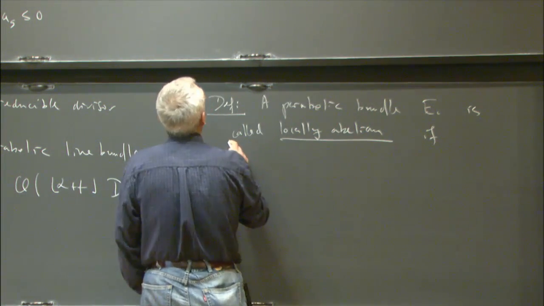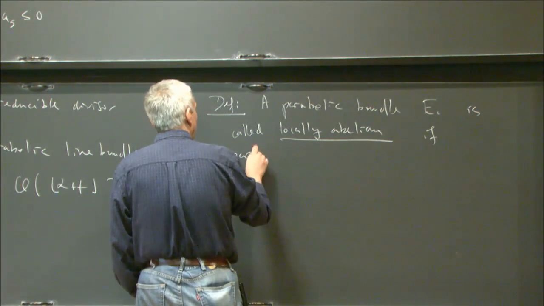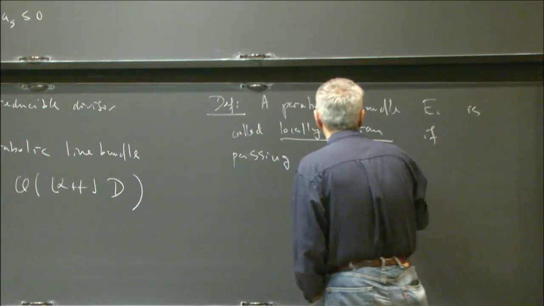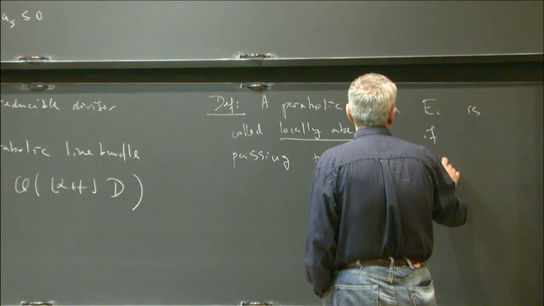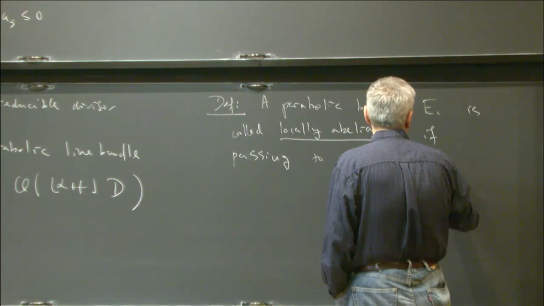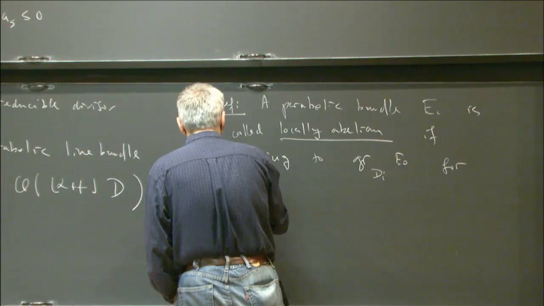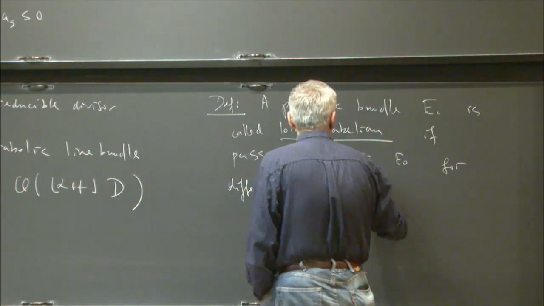So if passing to Gr along the D_i of E0 for different D_i is independent of the order.